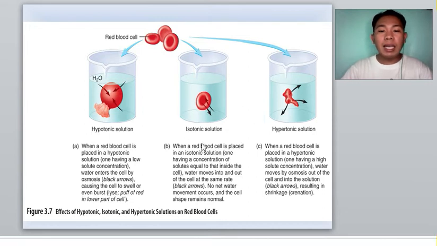But in isotonic solution, when we place a red blood cell, when we say isotonic, one having a concentration of solutes equal to that inside the cell, water will move into and out of the cell at the same rate, so no net water movement occurs and the cell will still be intact and remain normal in shape.